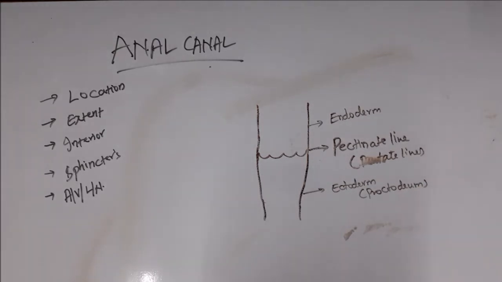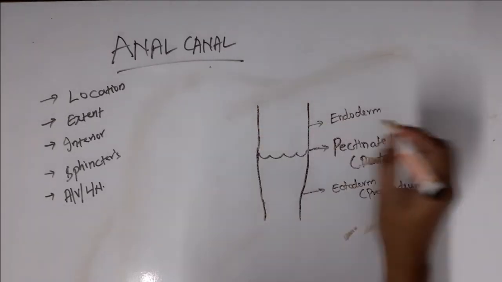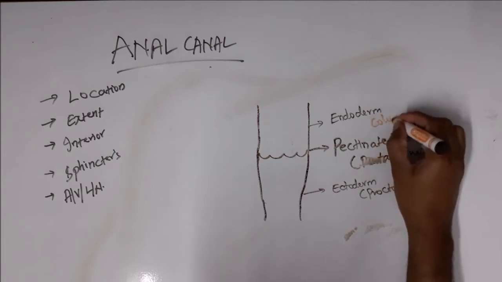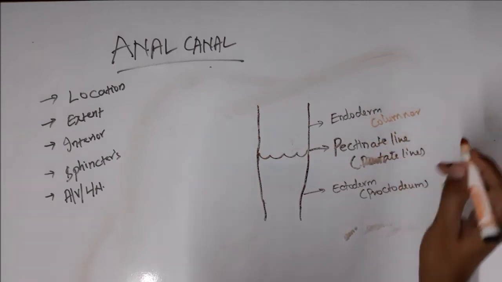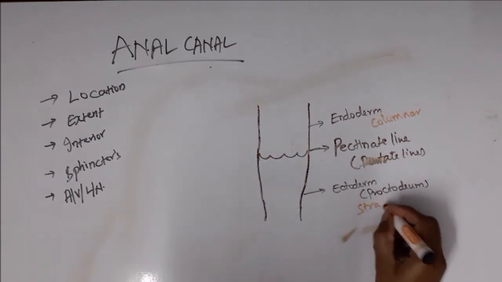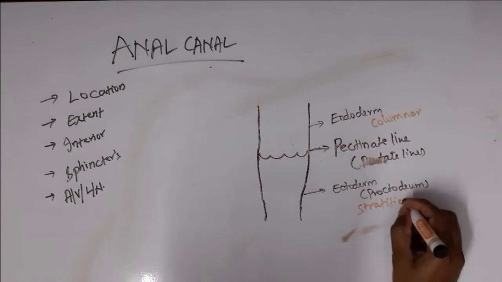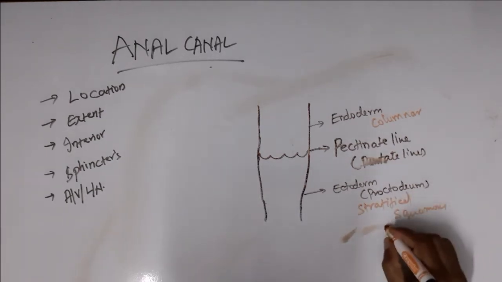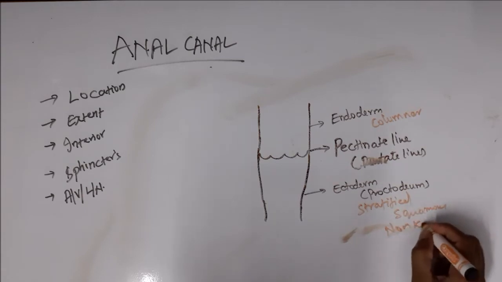And coming to the lining, the upper part is lined by simple columnar epithelium, whereas the lower part is lined by stratified squamous non-keratinized epithelium.